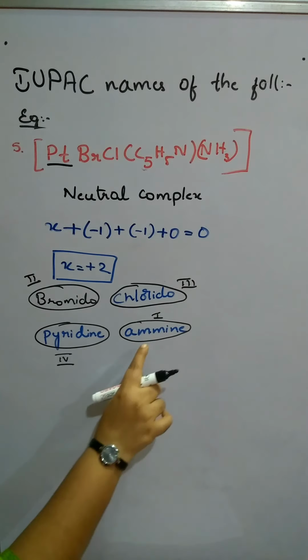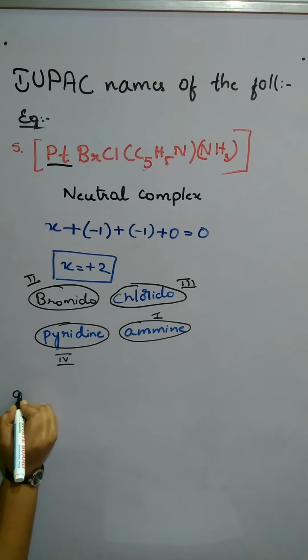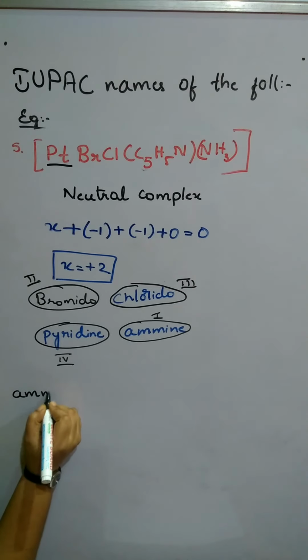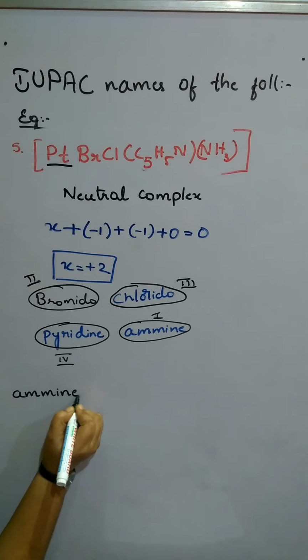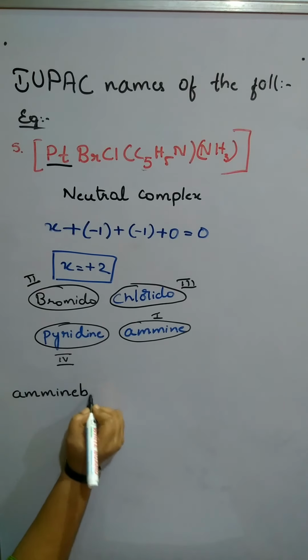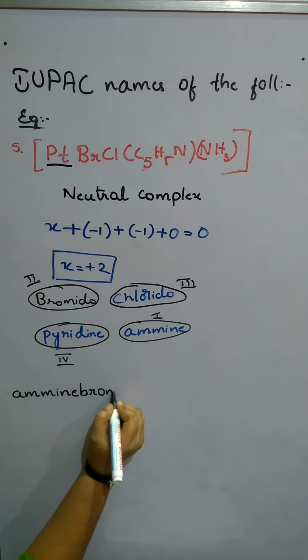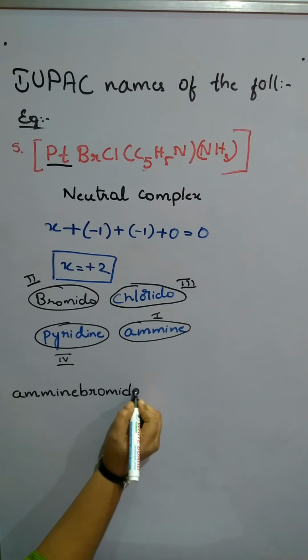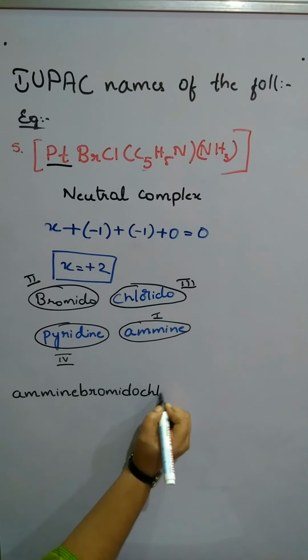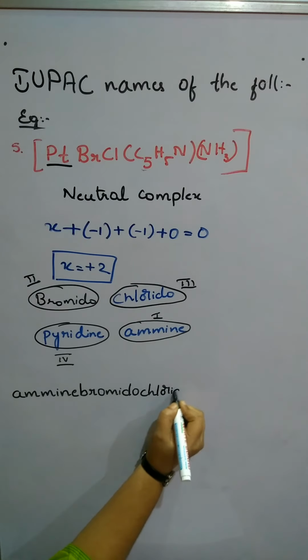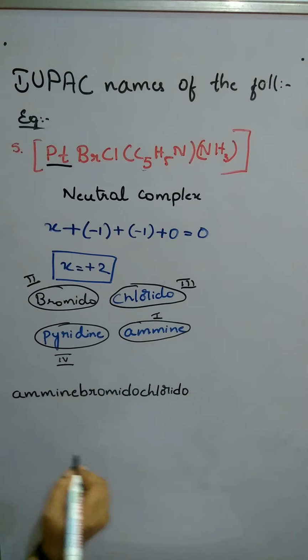So first we should start with amine. Next it is bromido. After that it is chlorido, pyridine.